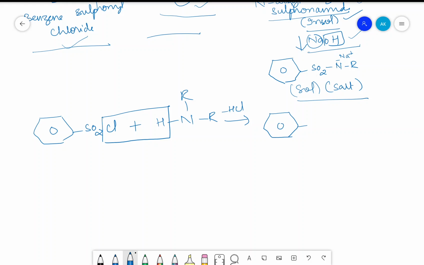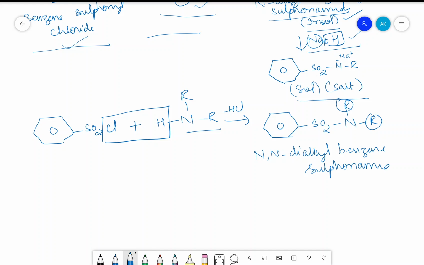This one is SO2 with N, R and R. As you have two R groups present, this particular compound is called N,N-dialkyl. Previously it was only N-alkyl because it has one alkyl. Now because it has two alkyl groups, N,N-dialkyl benzene sulfonamide, and this is insoluble.